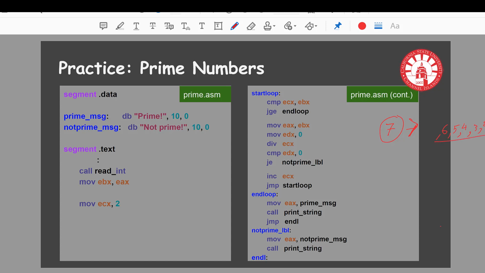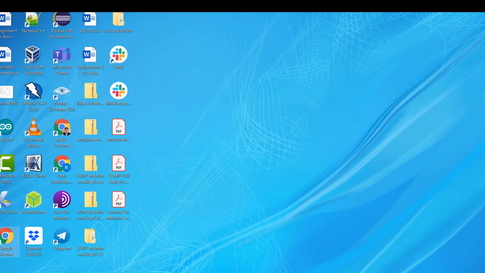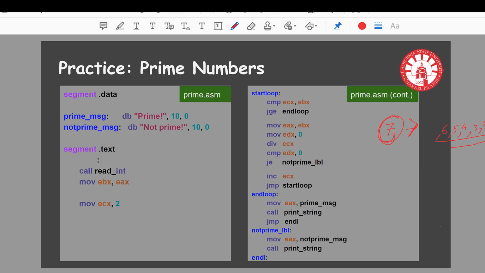If you divide 7 by all the numbers smaller than itself except 1, and the remainder never becomes 0, then the number is prime. If we divide this number by any number less than itself and the remainder becomes 0, then the number is not prime.